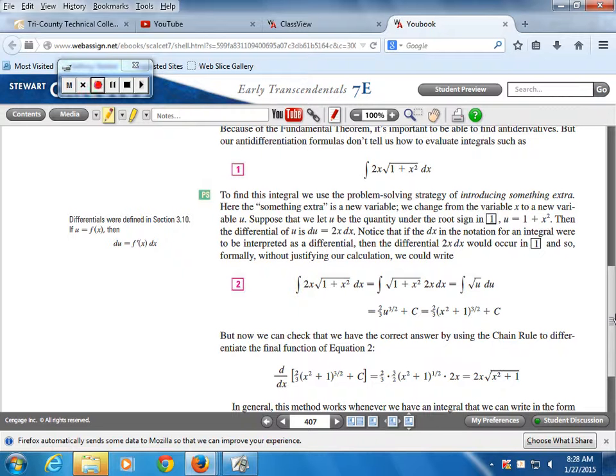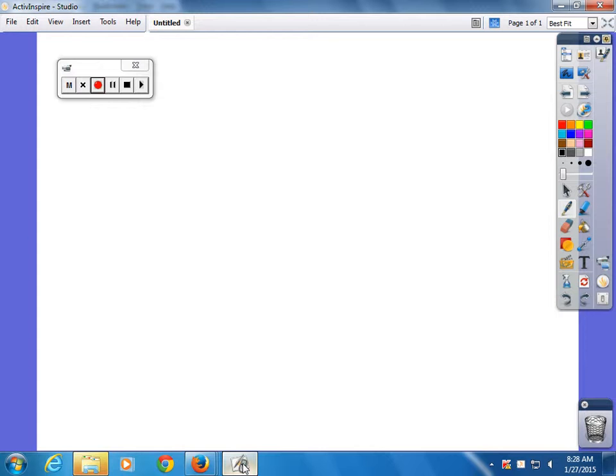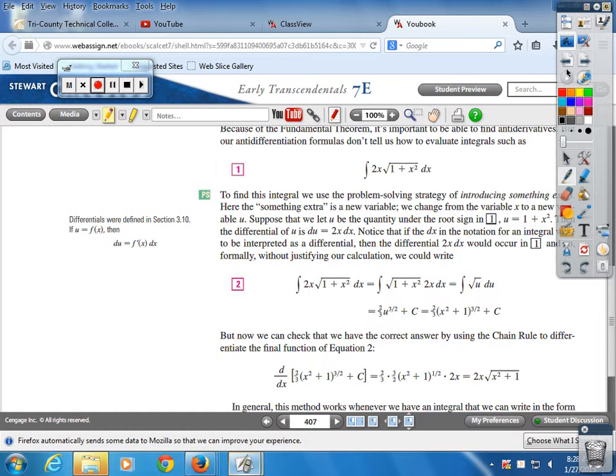Okay? Alright, they give us this problem right here, starting us off, and I don't know how much substitution you did in Calc 1, but just going over it to make sure that you understand, or knock the cobwebs loose. They're giving us the antiderivative of 2x square root of 1 plus x squared dx.